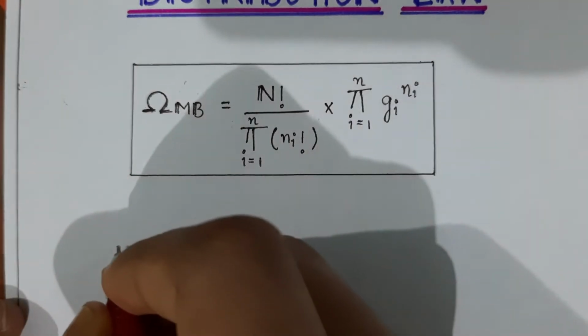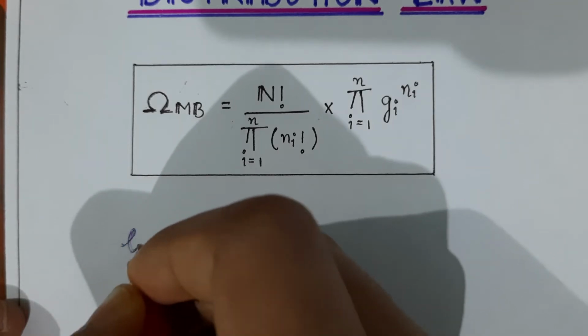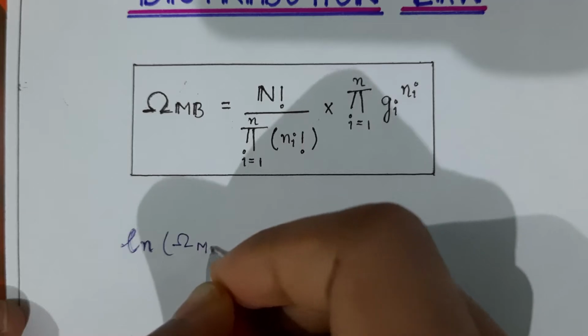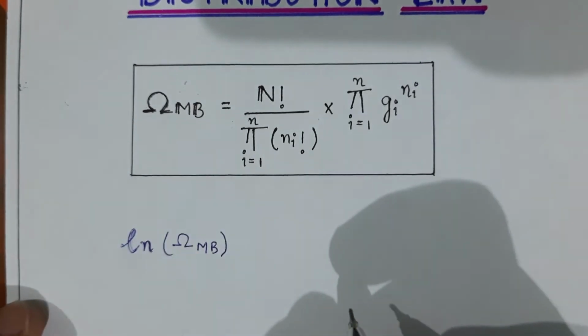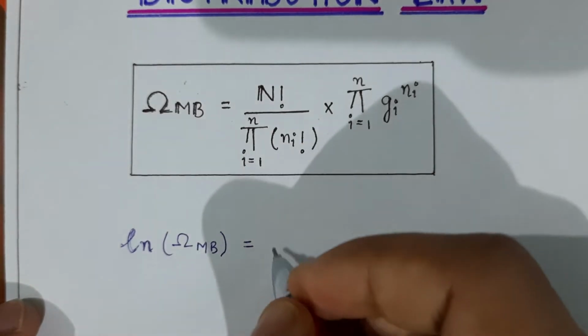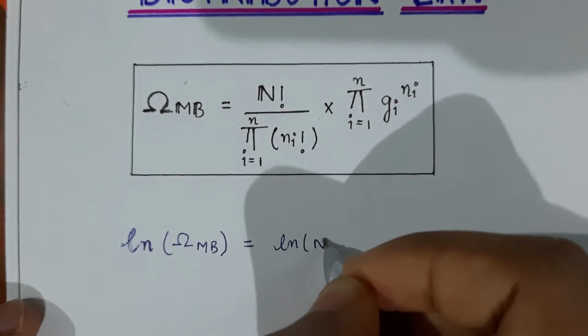If we take a logarithm of this expression on both sides, we will get ln of the Maxwell-Boltzmann representative factor equals ln of n factorial.